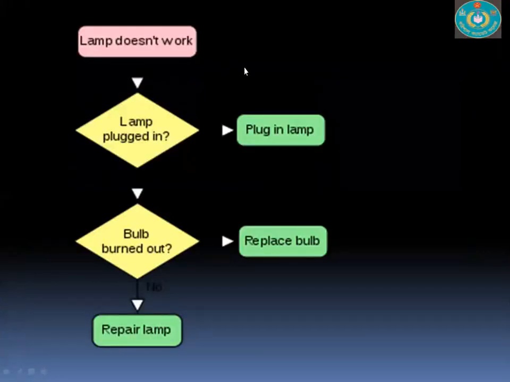What can you see in this picture? You see: lamp doesn't work, then lamp plugged in, bulb burned out, repair lamp, replace bulb, plugging lamp. Okay, are you guessing that this is a physics class? No, this is your English class, and this is a process.